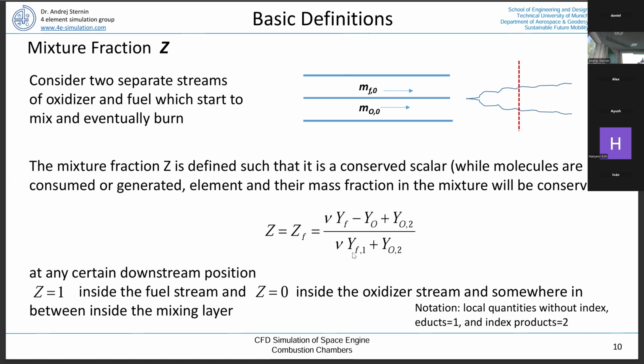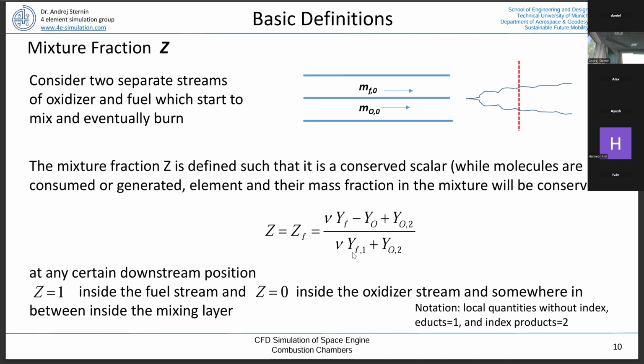The O2 here is basically at the other side of the reaction, what we have after the chemical reaction.